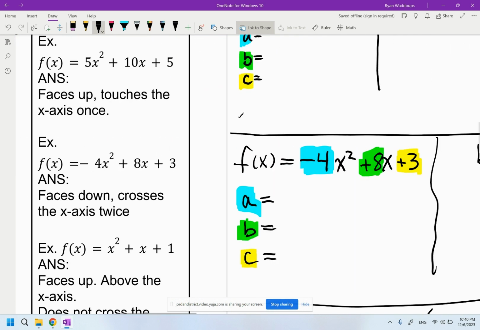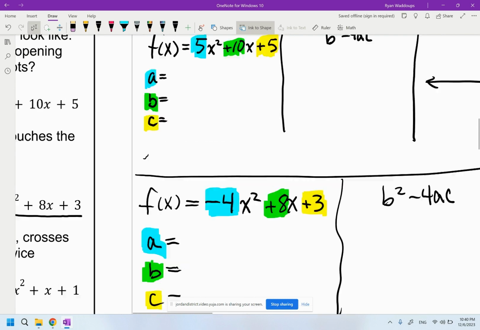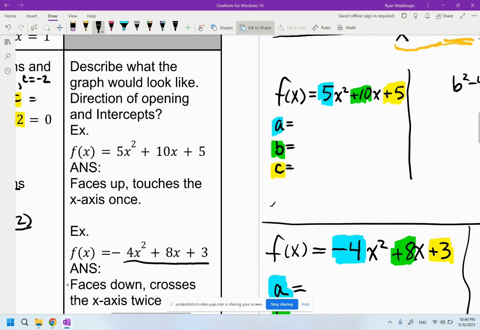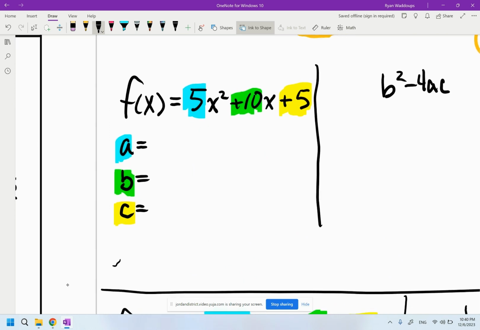In here, they gave us f of x equals minus 4x squared plus 8x plus 3. I skipped one. 5x squared plus 10x plus 5. And so I look at that and I say, okay, well, a is 5, b is 10, and c is 5.